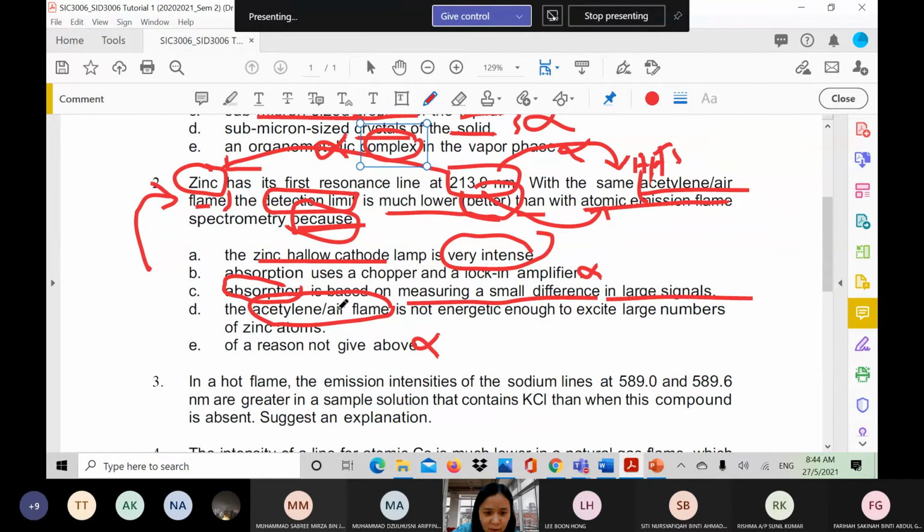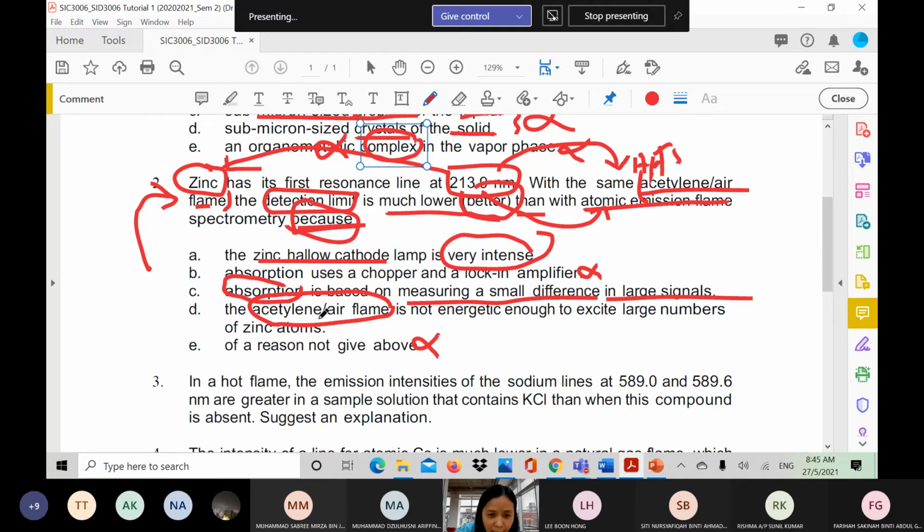We know that this is a low temperature flame, right? So if we have a low temperature flame, this energy source in AES, as I mentioned during my brief summary, is meant for two important functions. One is for atomization, another one is for excitation, right?